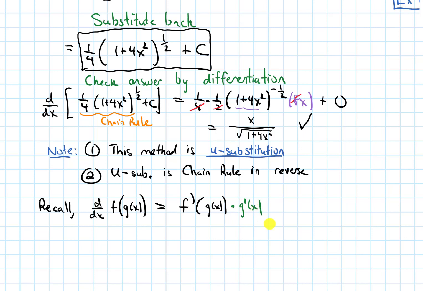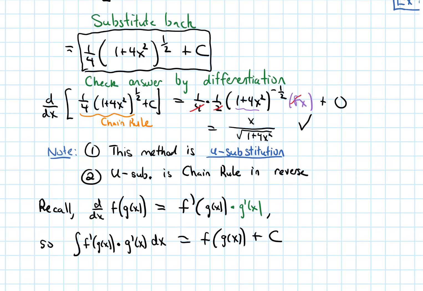Okay, so if we write this in terms of antiderivatives, the general antiderivative of f prime of g of x times g prime of x would be this original function, f of g of x, and I have to put a plus c because this is an indefinite integral, which means it's a general antiderivative.